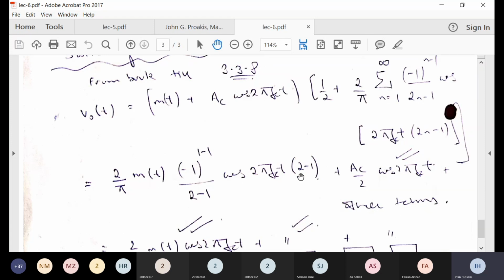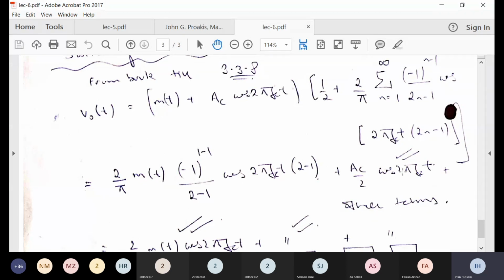This will go with this term, giving you 2n minus 1. If I take n equal to 1, this will be 2 minus 1, which is 1. So this will again be your signal at the carrier. And this term also goes with this, which will also be a term at the carrier.